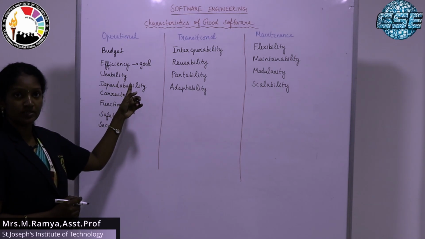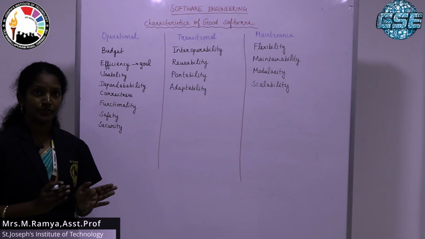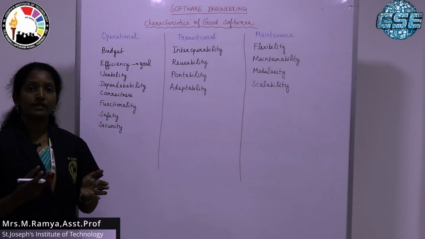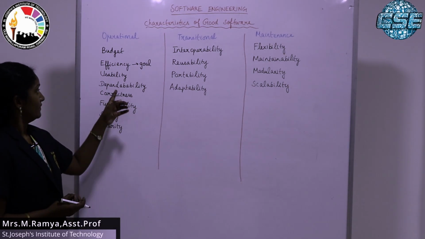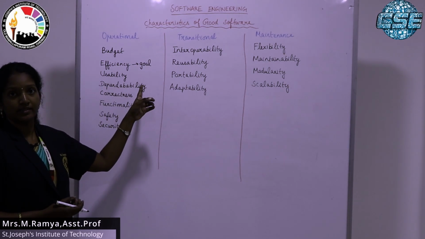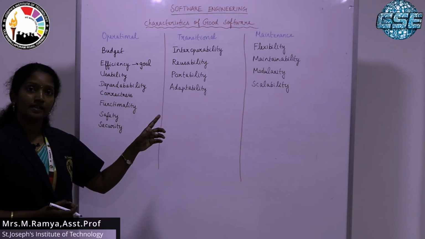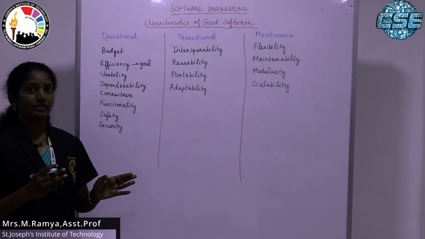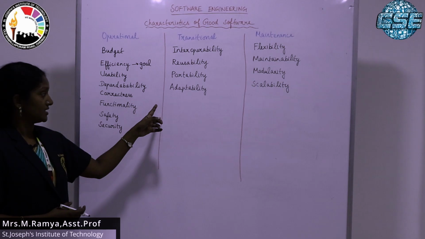Next one is usability. The software you create should be easy to use, so that everyone, the students, whoever works with that software, should be able to use it very easily. That is called usability. Next one is dependability. What is meant by dependability is that the software should not depend on too many factors.